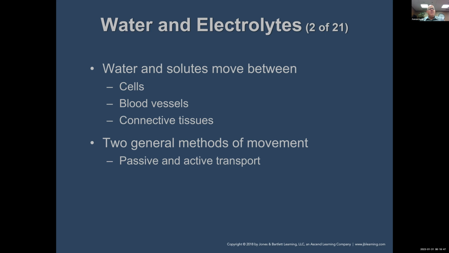Okay. So water, we have to have hydration, water and solutes. And when we say solutes, we're talking like sodium, potassium, the cations and the anions. And are cations and anions negatively charged or positively charged?